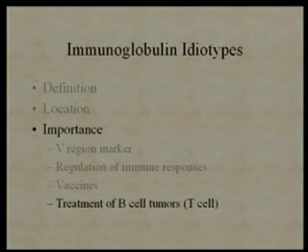Now, what happens when you have a B-cell tumor? You get a malignant proliferation of a clone of cells. That clone starts dividing, and you have lots of these cells. So all the tumor cells will be expressing the same idiotype.